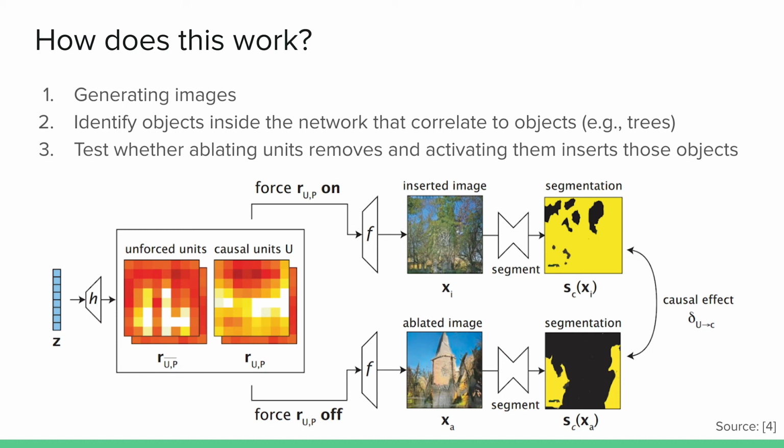We can also see if there is a causal effect between a neuron increasing and decreasing by measuring how our image segmentation changes over time.